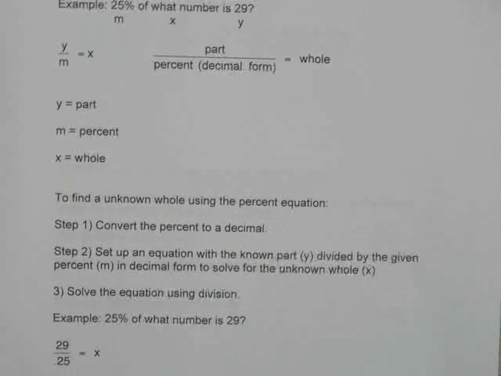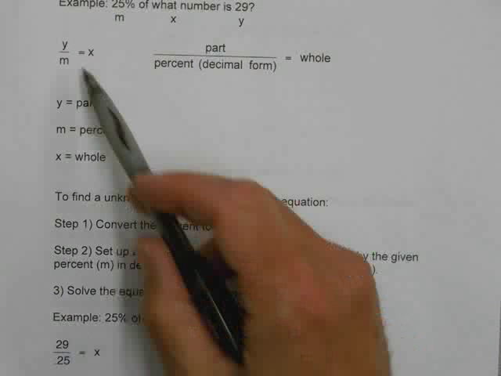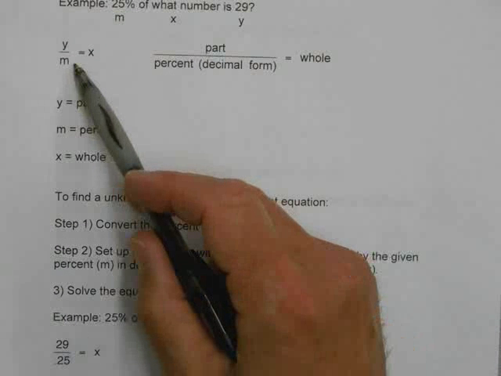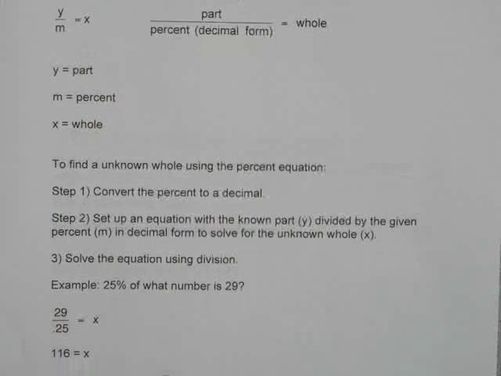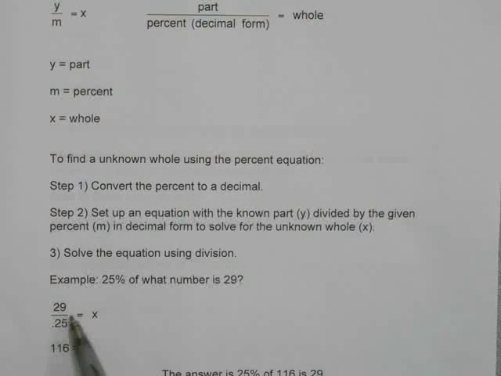Y equals mx is going to, y over m equals x, is going to translate into this. 29 is our y, that is our part. 25% converted to a decimal is 0.25, and it's going to equal x, our whole. And of course, this x is going to be a larger number.